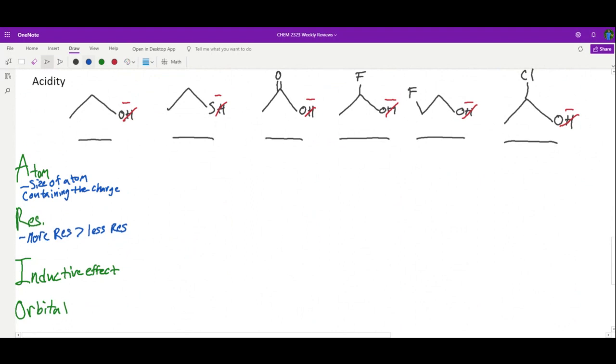Now, inductive effects. Whenever we talk about inductive effects, we are talking about halogens. I know that's kind of hard to read, but that stands for halogens. And within halogens, there are 2 concepts.